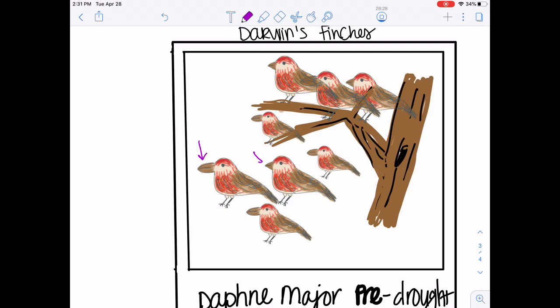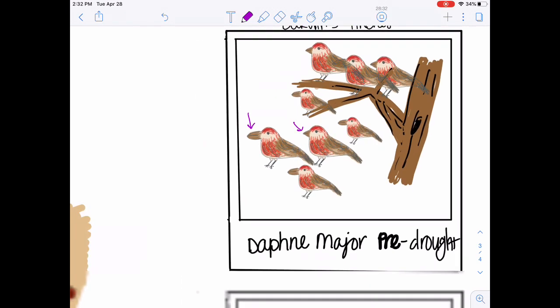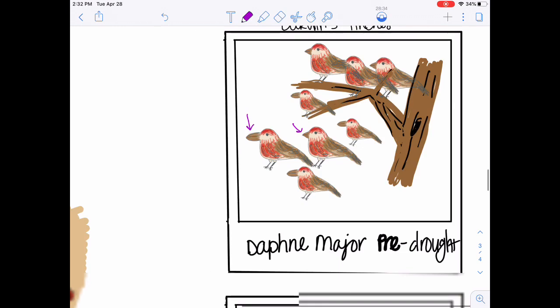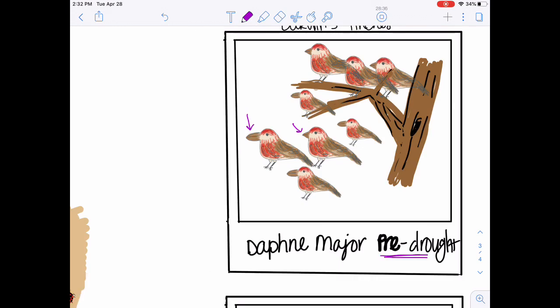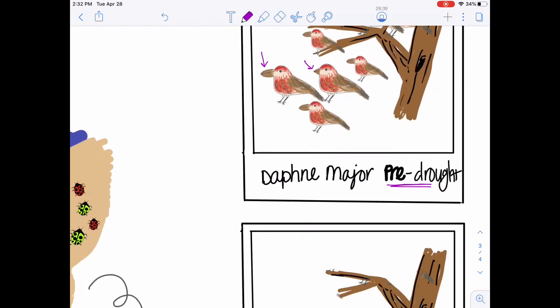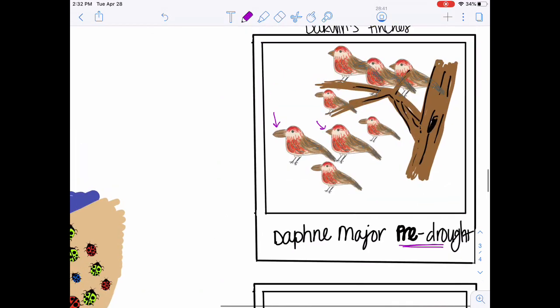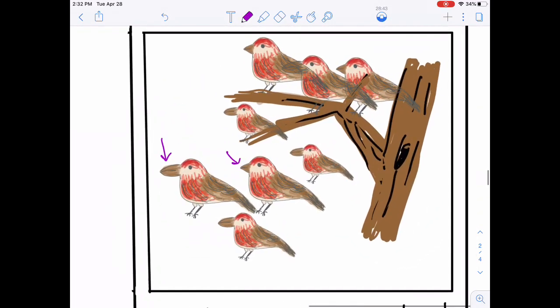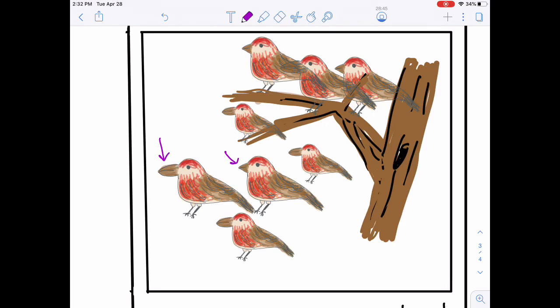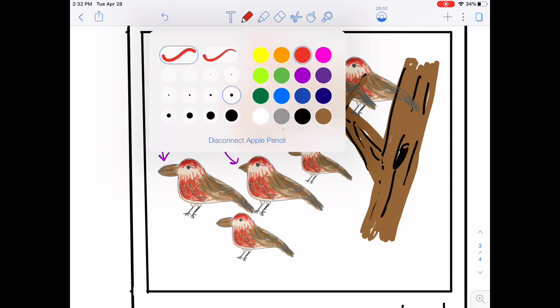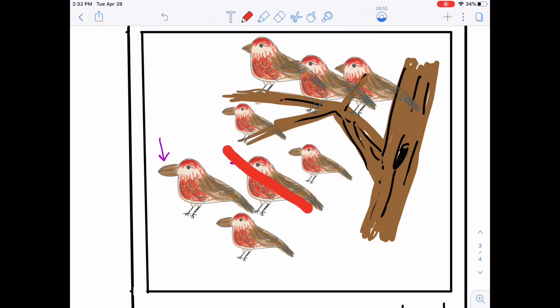So if you were a finch that had a small beak, you likely starved to death and were not able to reproduce. However, the finches with larger beaks did have lots of food, so they were able to reproduce, and therefore the island was populated again by those finches that survived, the ones that had a big beak.